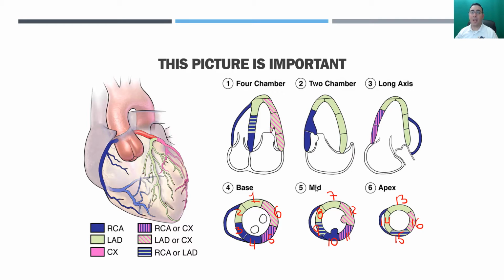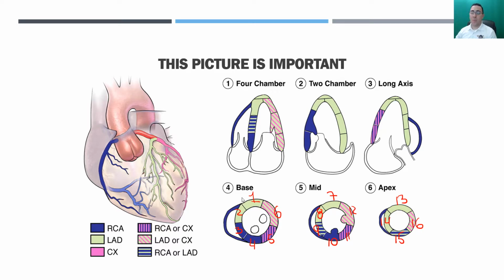Remember, use name and last name. For mid, remember, mid is the name: mid anterior, mid inferior, mid anteroseptal, mid inferoseptal. This one right here will be what? Anterolateral. This one mid for number 11, so we're going to use inferolateral.